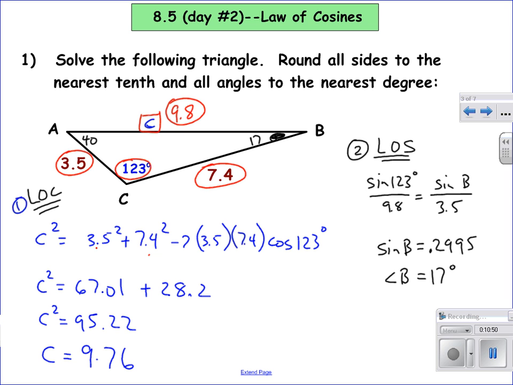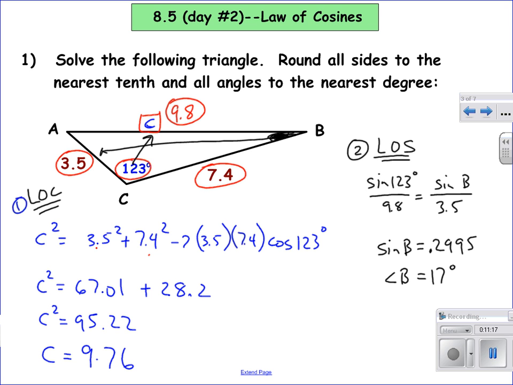So I picked B. Now if I'm picking angle B, I don't know it's 17 right now. I don't know that yet, right? So I'm going to say, well, the sine of 123 versus the 9.8 across it equals the sine of angle B over the 3.5, the side across that, your law of sines.